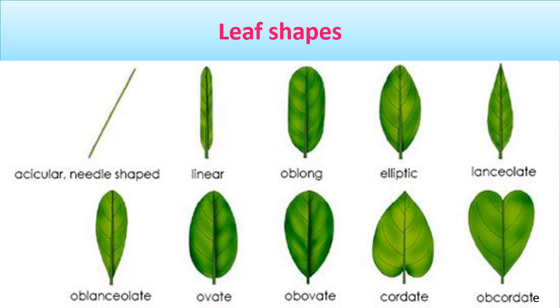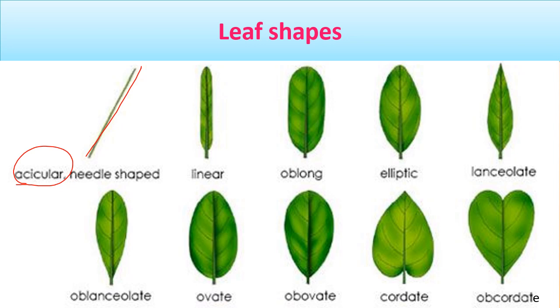Now let's learn about different shapes. If you see, this is like a one line, like a needle, and this shape is called an acicular shape, where there is no dorsal and ventral surface. Onion is an ideal example, which is ring like or pipe like.